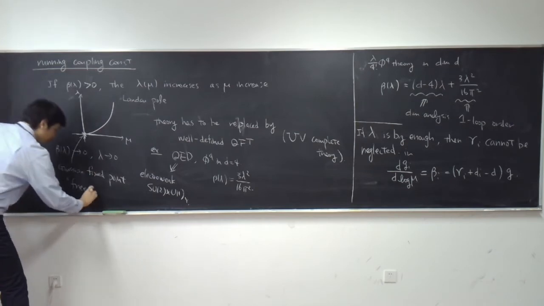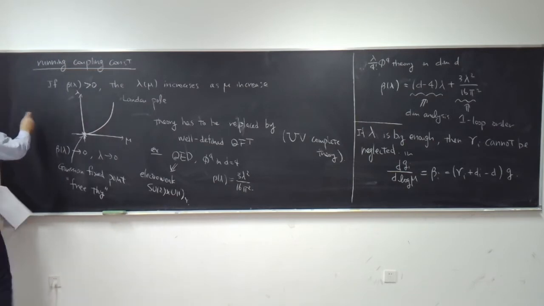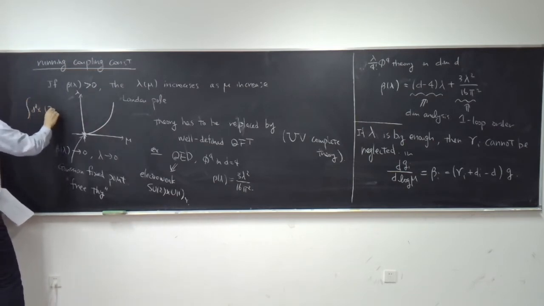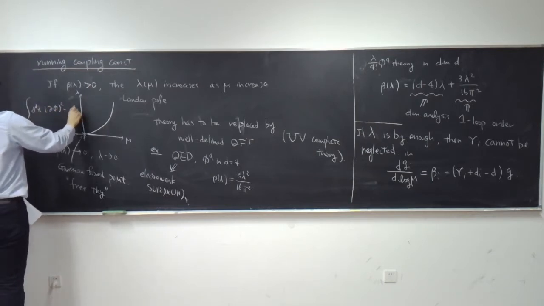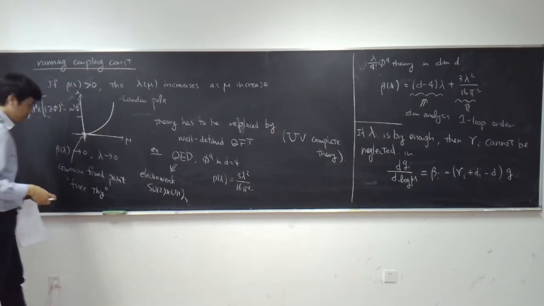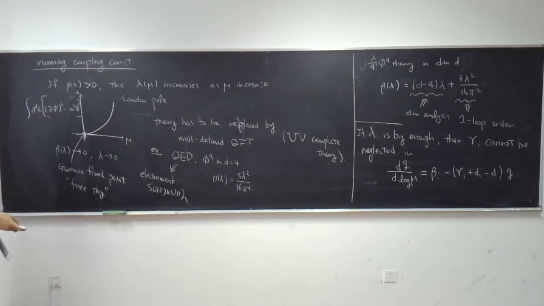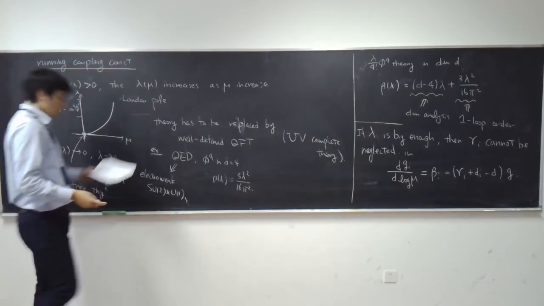For a scalar theory, it looks something like partial phi squared minus m squared phi squared. So this is called the Gaussian theory for the scalar theory.